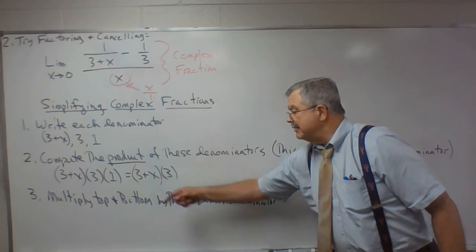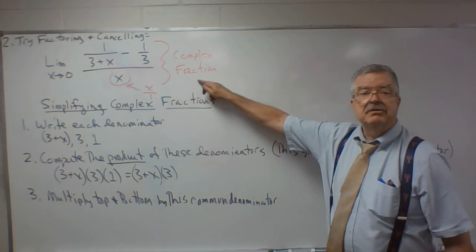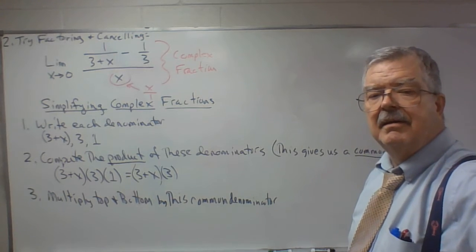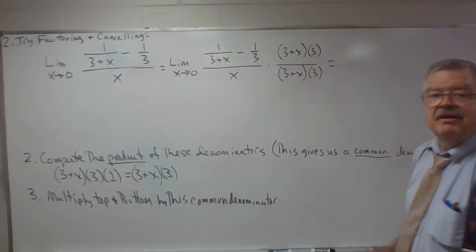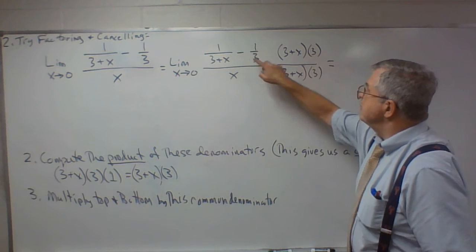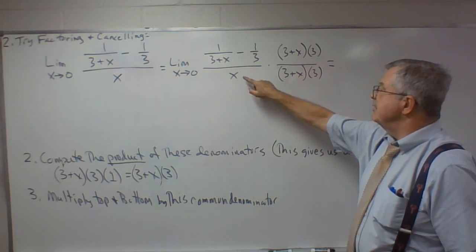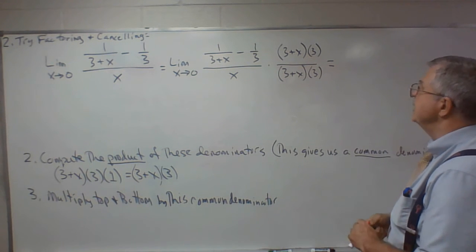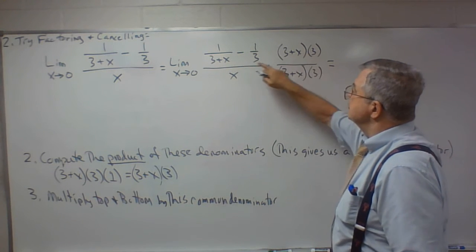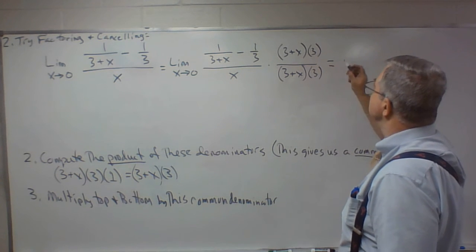Here's our common denominator. We're going to multiply the top. We're going to multiply the bottom. So here we go. Multiply the top by the common denominator. Multiply the bottom by this common denominator. And we're going to distribute this product to each term of the numerator and denominator.